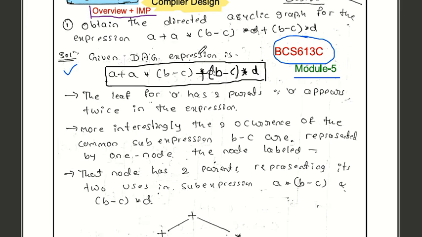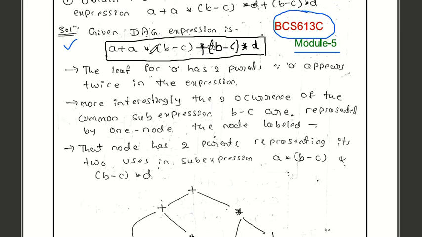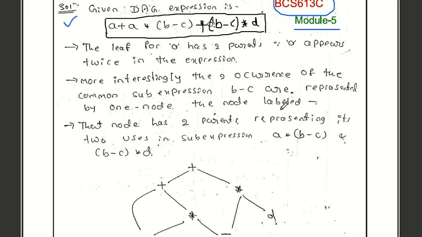Here b minus c is repeated twice, so we consider it as only one node. Again, the leaf for a has two parents, and a appears twice in this expression. And more interestingly, the two occurrences of the common subexpression b minus c are represented by one node. We take both together in one node and label it as minus.